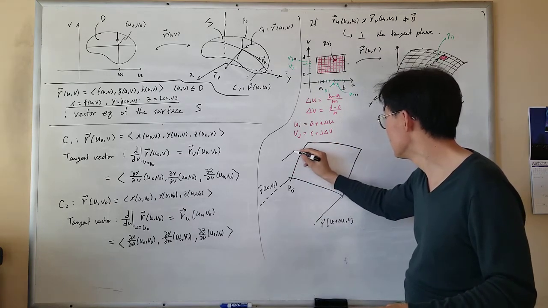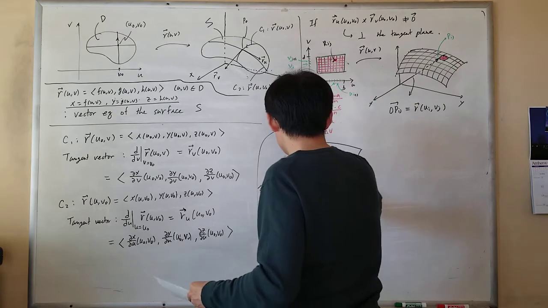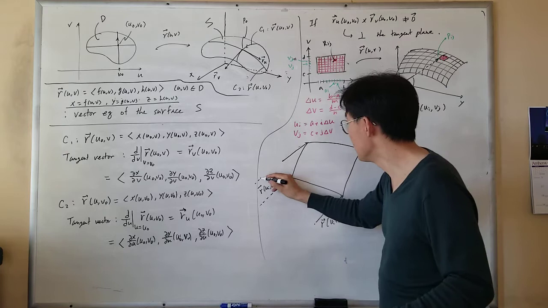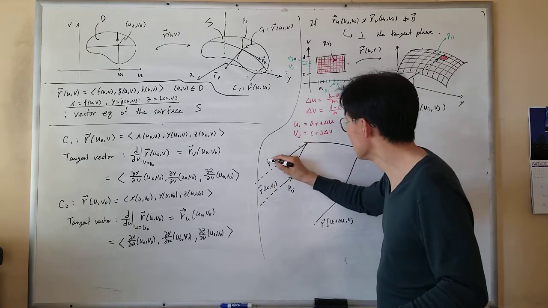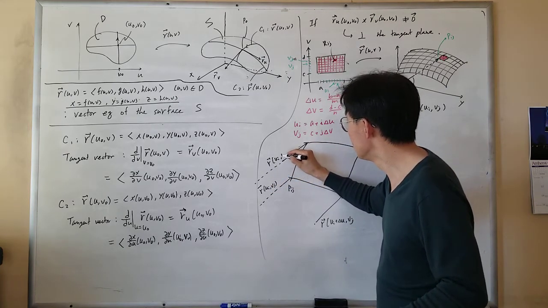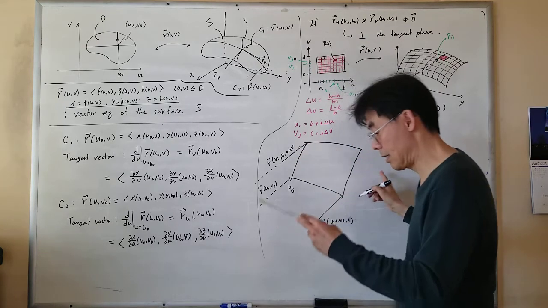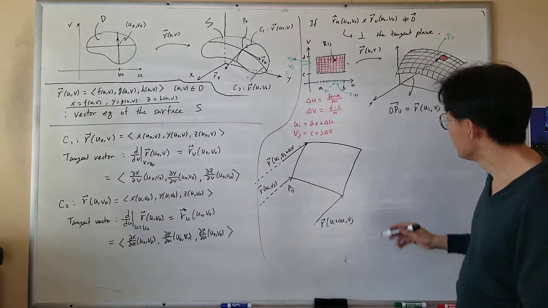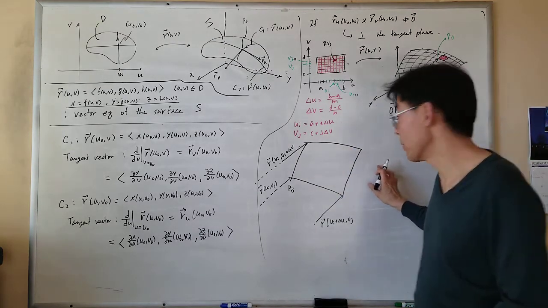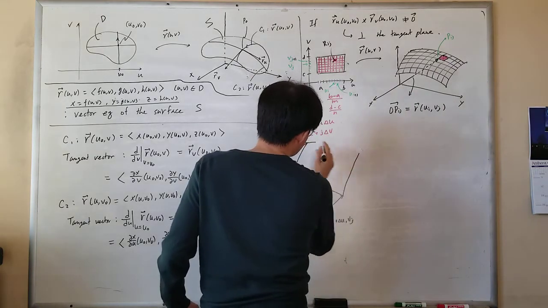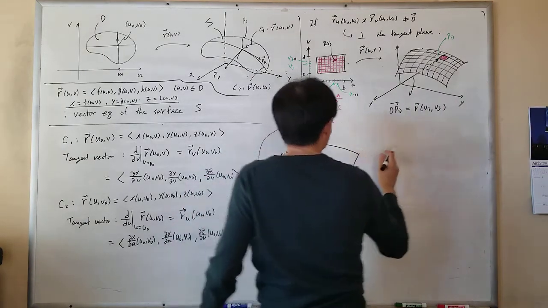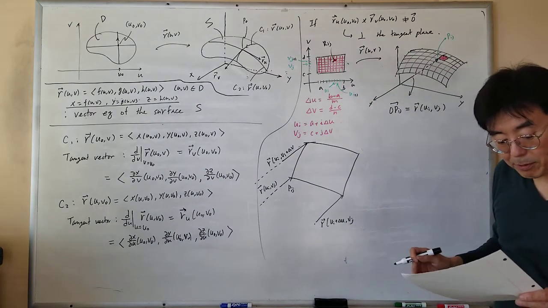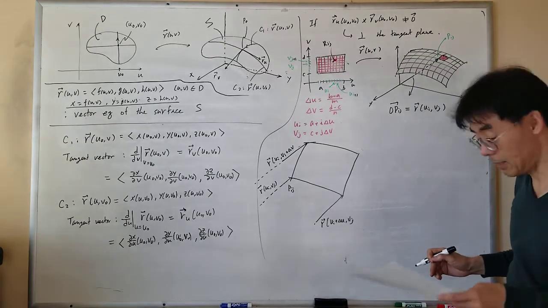And then another one from the origin down there is r(ui, vj plus delta v). Okay? Then this will be almost a parallelogram. When delta u and delta v are very, very small, this will be almost a parallelogram.